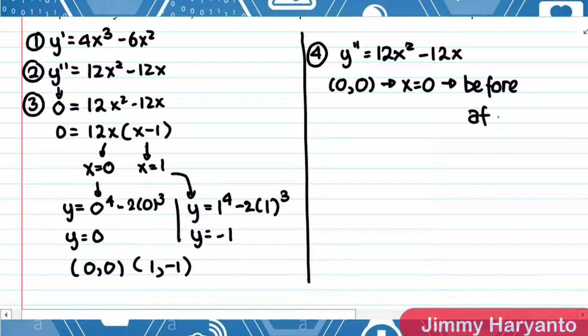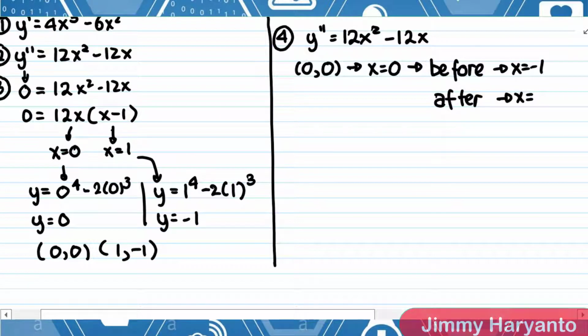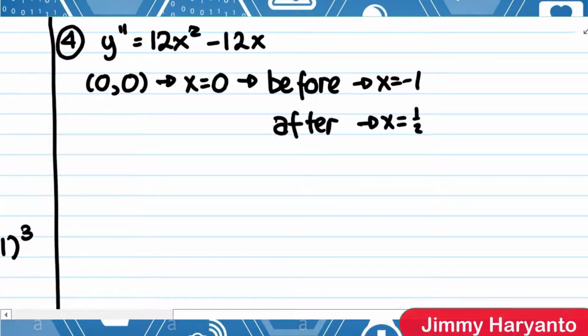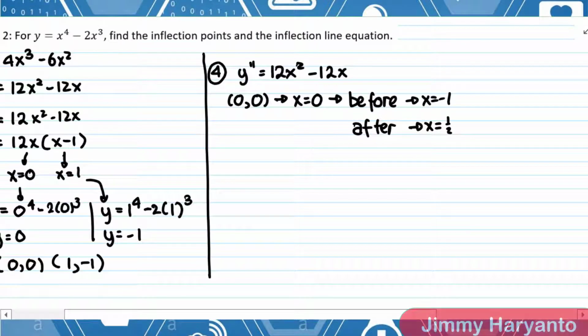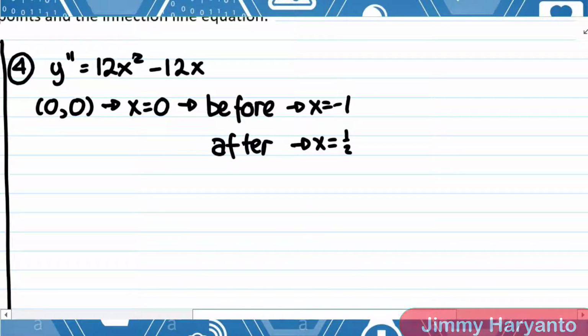Let's say that before is x equals -1 and after is x equals, we cannot say x equals 1, yeah, because 1 is already there. We have to use half. And we cannot use more than 1, yeah, because more than 1 will be used later for the second point. So for now, we will use -1 and half.